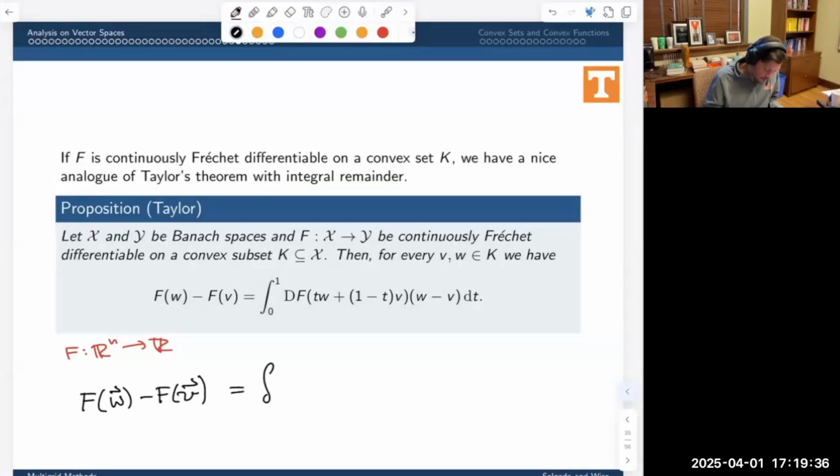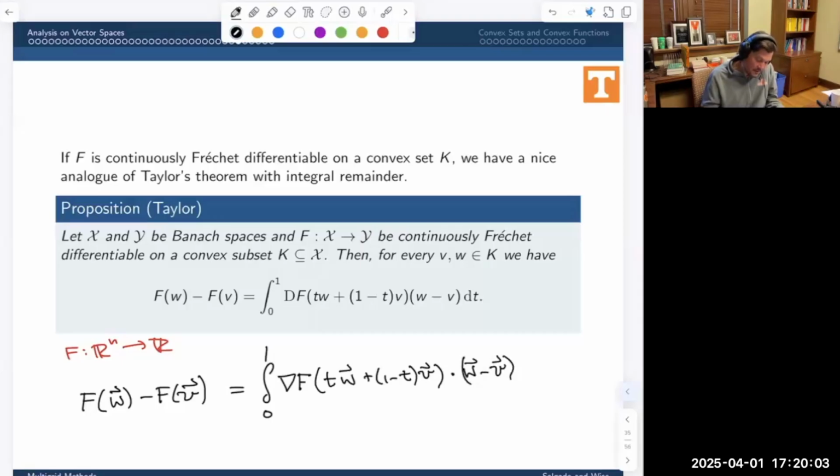And then this integral, you can check that this all makes sense, is going to be of the gradient of f evaluated at the points tw plus (1 minus t)v, right? And this has to be dotted with w minus v, because that's how that gradient operator acts as a linear operator through the dot product.